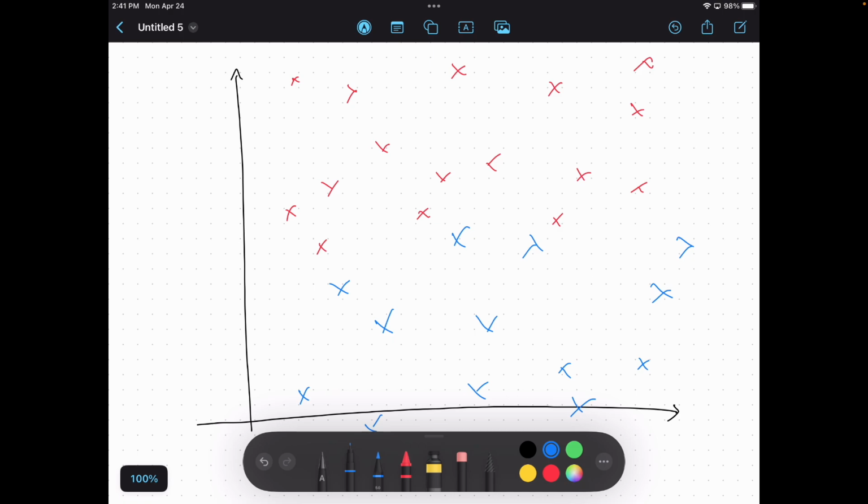So in something that's spread out like this, where you separated the reds and blues by a categorical variable of some kind, maybe this is indicating a line here and a line here.